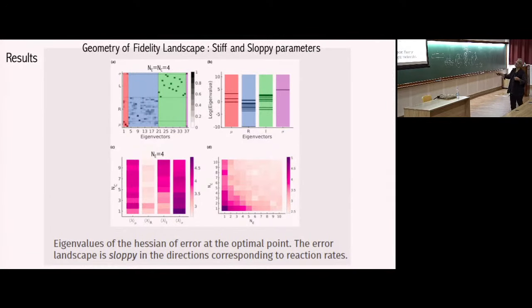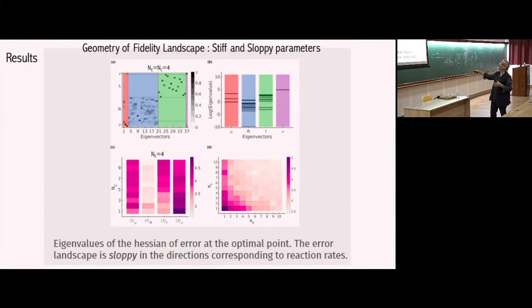So what we have here are the eigenvectors of the Hessian, and what we find is that they are clubbed into distinct sectors. You can see this set of eigenvectors has a large projection along the cisternal transport direction. This set has a large projection with the chemical reaction rates.